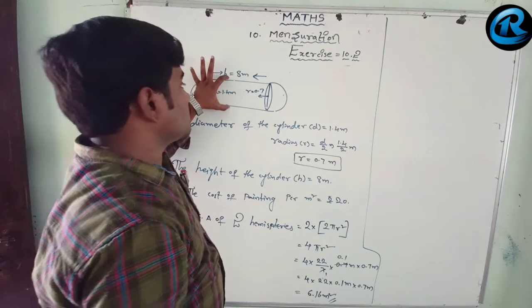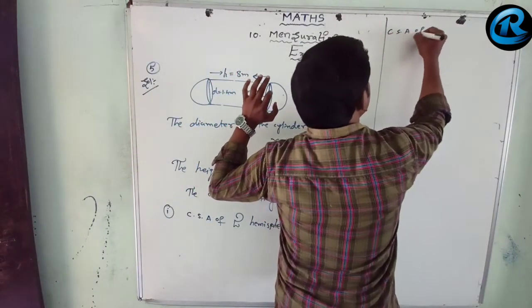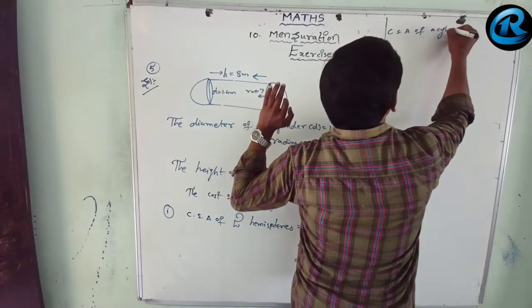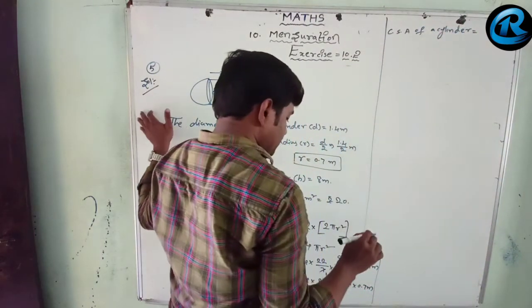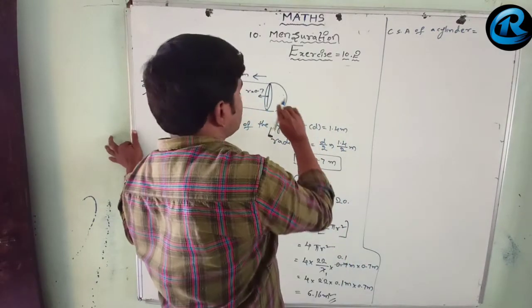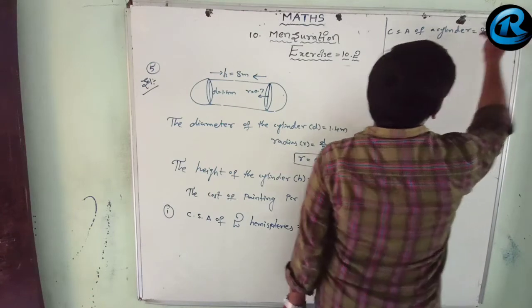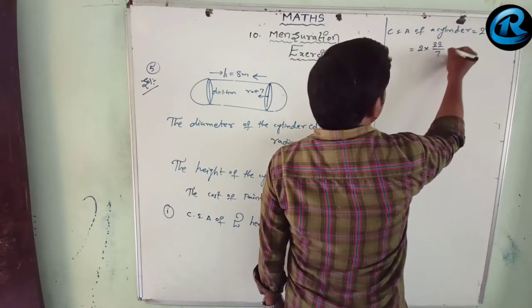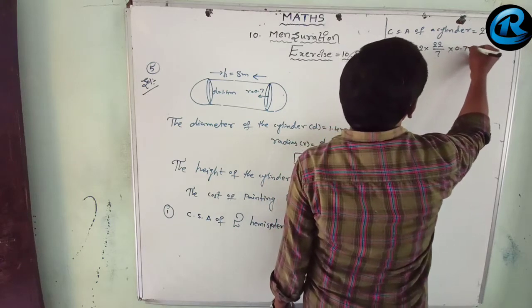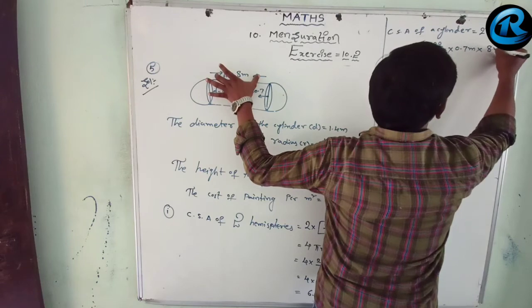The curved surface area of a cylinder. The curved surface area of cylinder formula is 2 pi r h, that is 2 into pi 22 by 7, r value that is 0.7 meters into h value that is 8 meters.